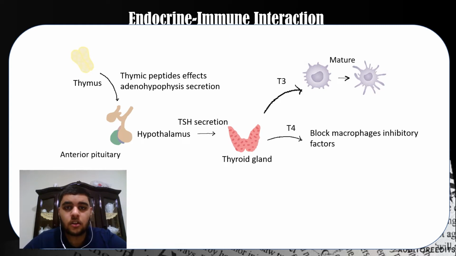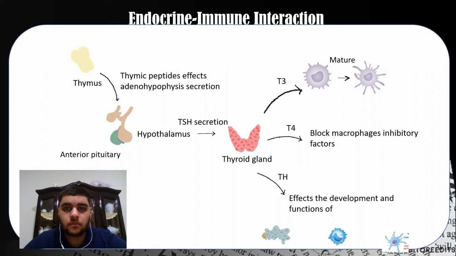TSH regulates the production of hormones by the thyroid gland, which produces T3, which has a direct effect on the maturation of macrophages. T4 blocks the macrophage inhibitory factor's pro-inflammatory activity, and the thyroid hormones have a complex effect on the development and function of dendritic cells, macrophages and monocytes.